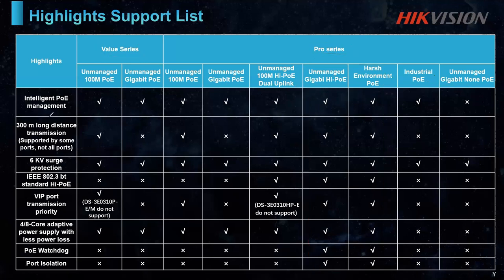So if you require one of these features to be included, definitely you can refer to this slide and see which category it belongs to, and with that you can get an idea whether my switch is capable of handling this or not. So definitely, if you take the 300-meter transmission distance, there are only 4 categories which are not supporting, and 5 categories which are supporting this kind of feature.